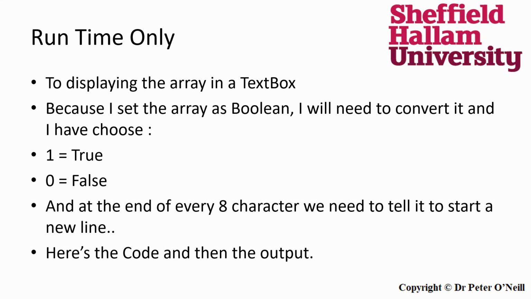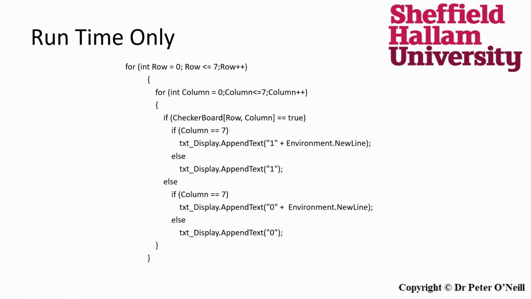So here's the code that outputs it. As you can see, we've got our for loop for row and our for loop for column again. This time we're looking at checkerboard and saying if checkerboard at row column equals true, and if column equals 7, then print a 1 plus new line. Else, just print 1.